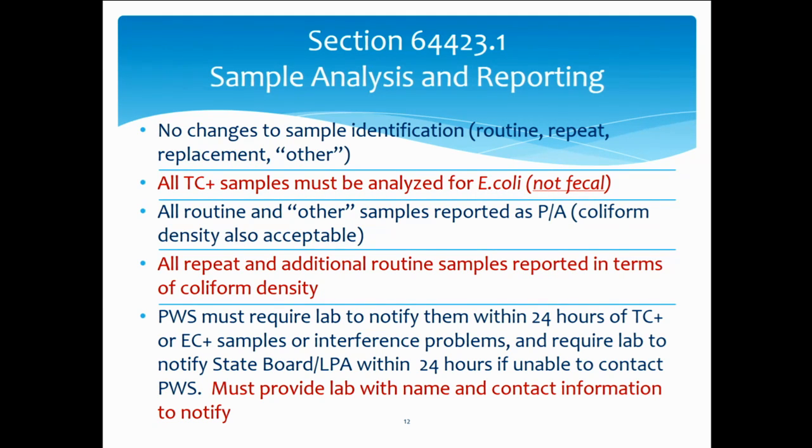Additional samples, if you recall in the existing TCR, if a system takes 1 bacti sample a month or less, if they have a positive total coliform sample, in the following month they have to take 5 samples. Under the RTCR, that's reduced to 3 samples. So that's what an additional sample is in the RTCR.